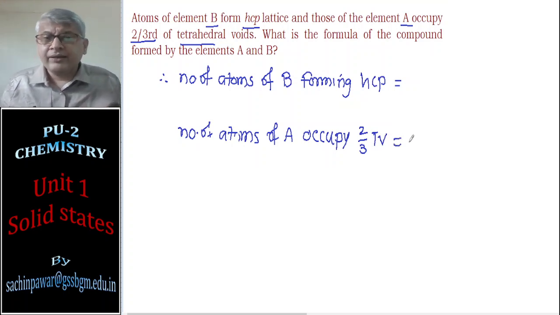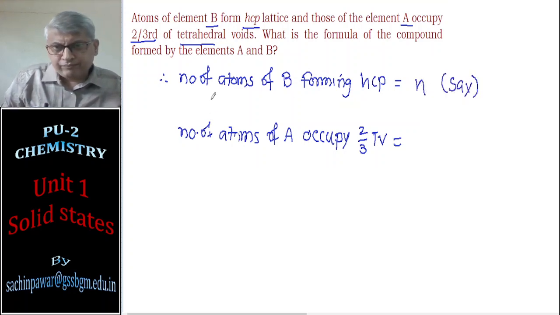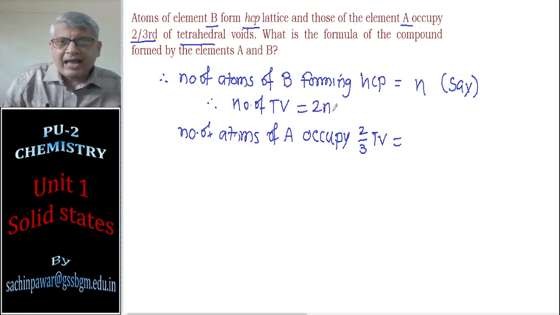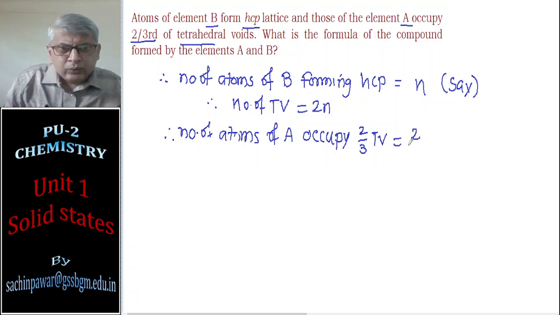I don't have it, so let us say it is n. Therefore, the number of tetrahedral voids is 2n, the formula says, and therefore the number of atoms of A occupying 2/3 will be 2/3 of 2n, that is 4n by 3.